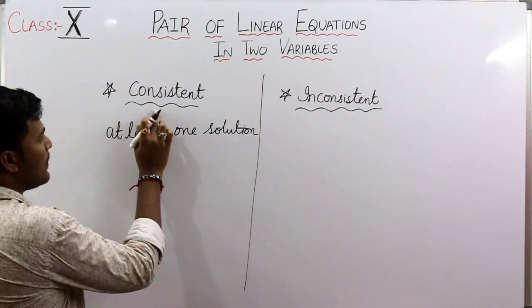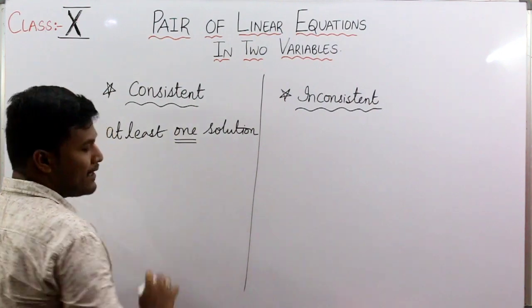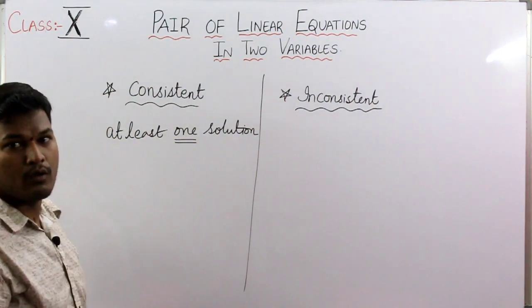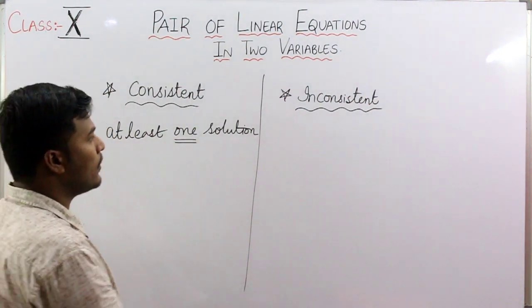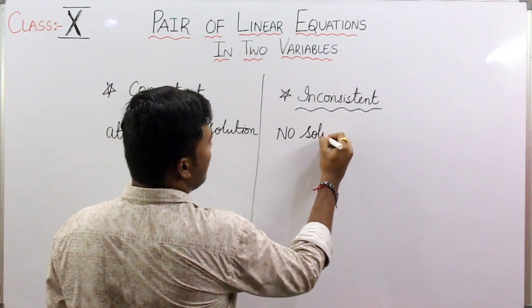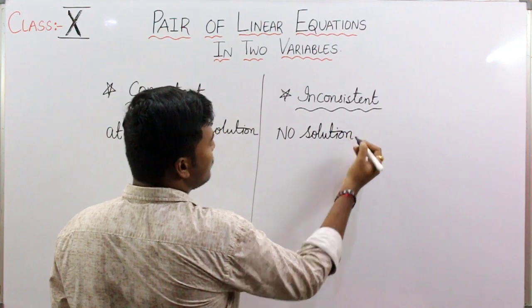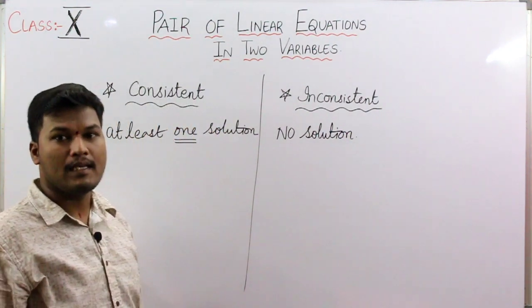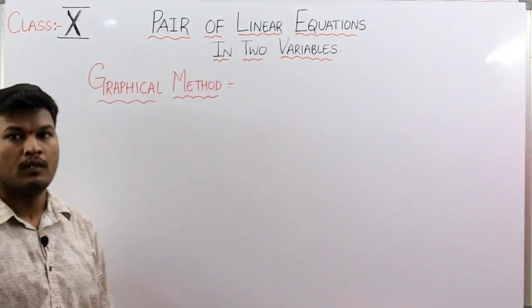Consistent means it should have at least one solution. Inconsistent is nothing but no solution. If the linear equations do not have any solution, then they are called inconsistent.